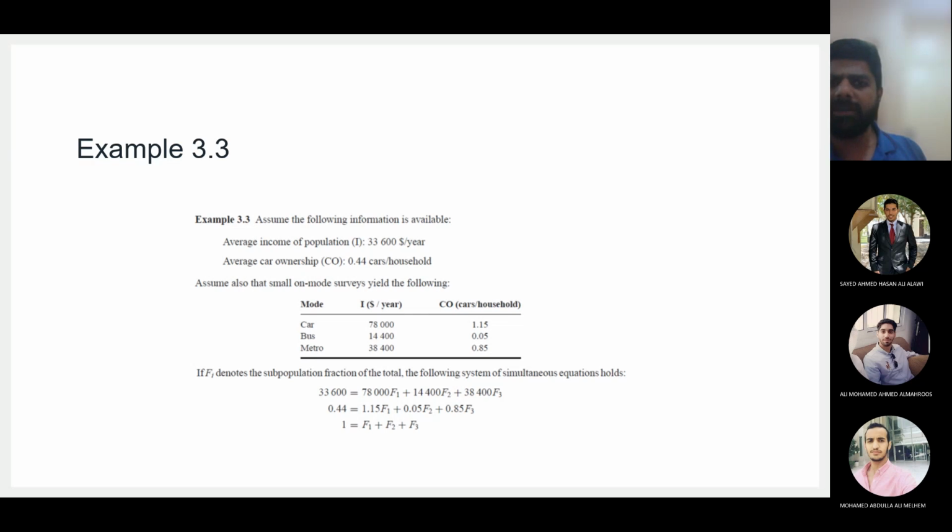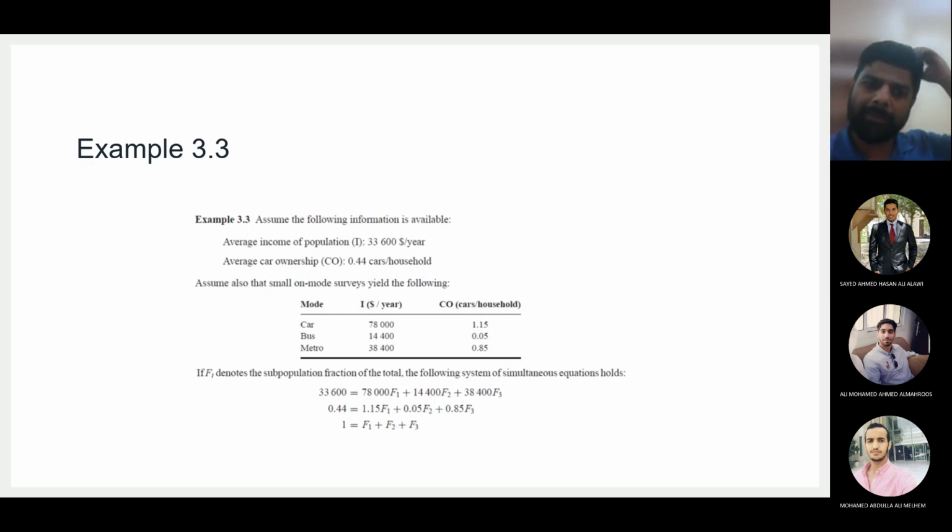This is the data they got maybe from a census survey from the government, because they calculate these things very frequently. Then they did a small on mode survey. On mode means they collected a small sample in which they asked people belonging to a particular mode. So this is basically choice based stratification.